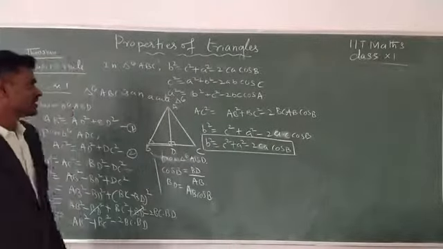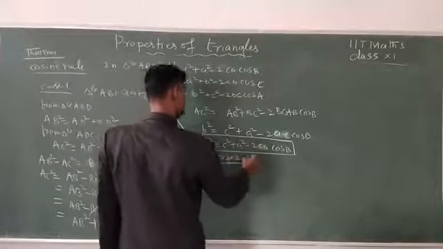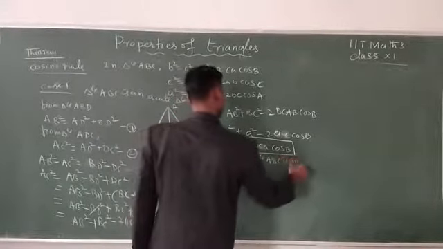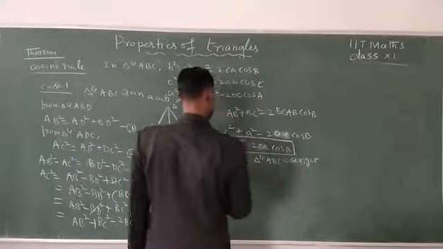Now case 2: triangle ABC is a right angle triangle.